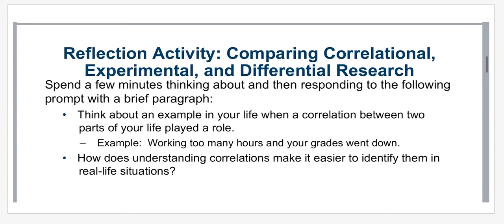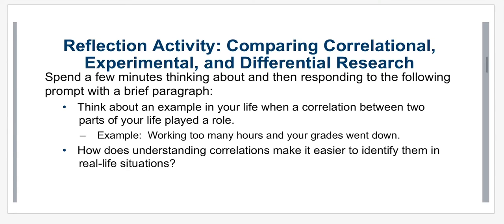This reflection activity here, again, you can screenshot this and talk about this at another time with someone else, or just think about it in your head. But this is, again, trying to get you to think of real life examples of correlations. Correlations are literally everywhere.